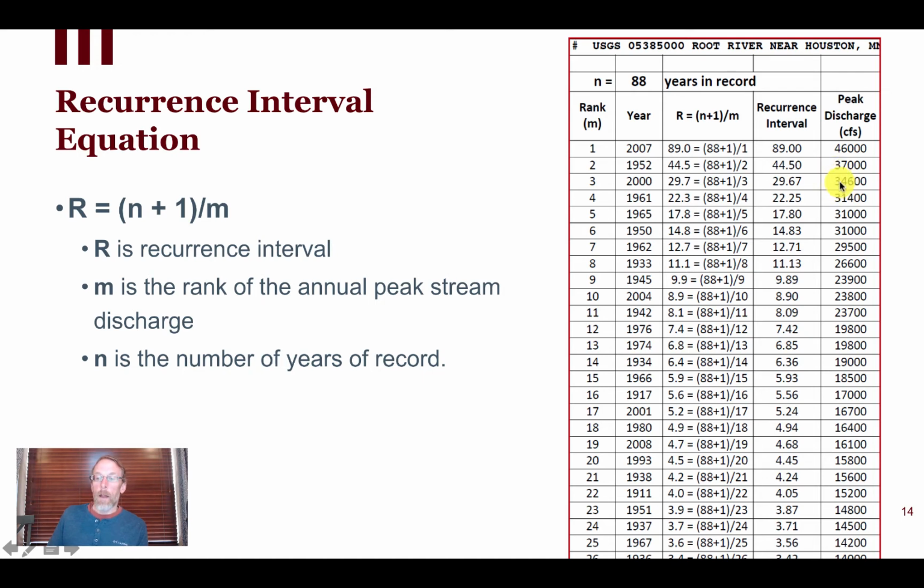The fourth, third, and second biggest floods were 31, 34, and 37,000. We're 25% larger here for this biggest flood. And some other methodologies for calculating the recurrence interval of this 2007 flood would suggest that it's really a flood on the order of several hundred, maybe even 500-year magnitude.